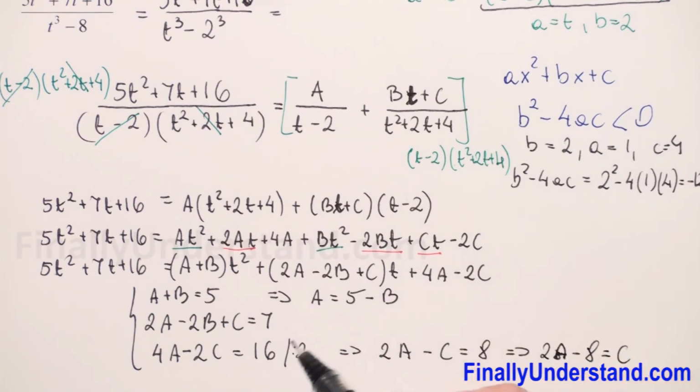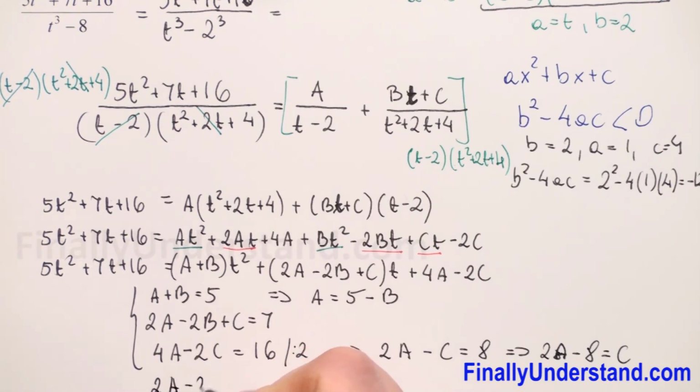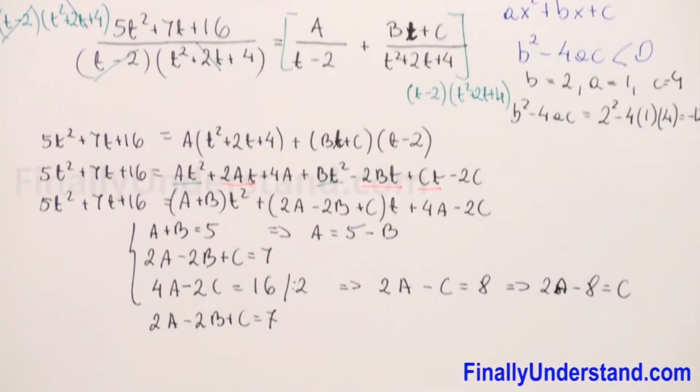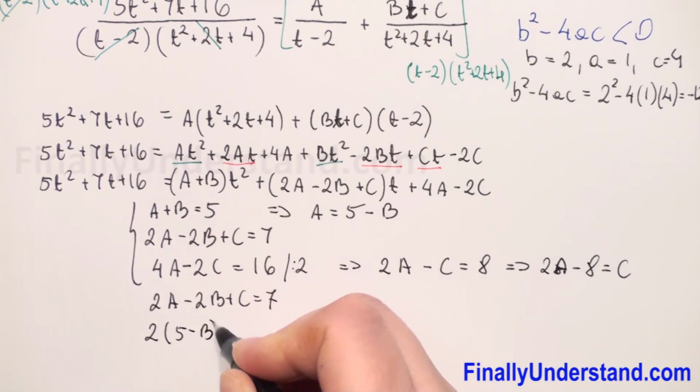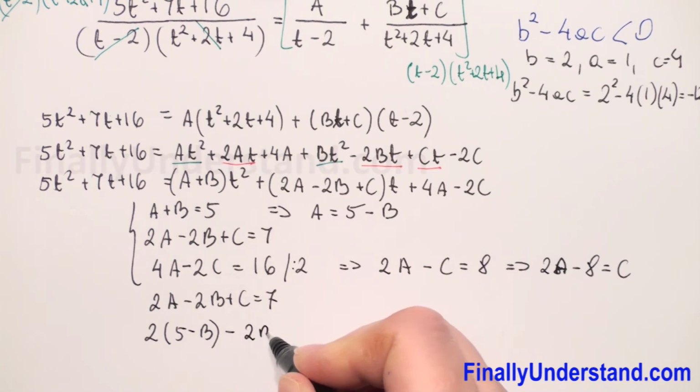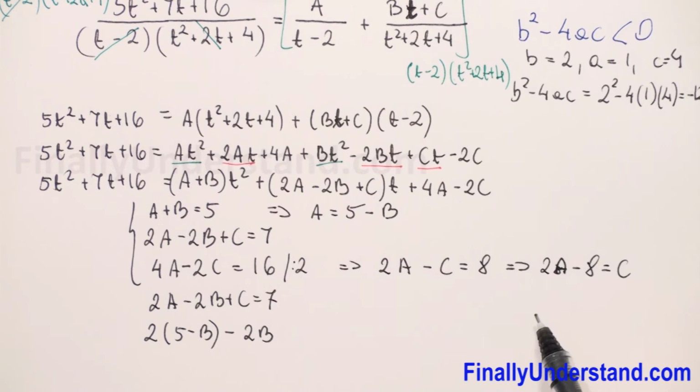So now I will substitute to the second equation a and c. Let me copy this, 2a minus 2b plus c is equal 7. Like I said, I will substitute a first. So it will be 2 times 5 minus b, minus 2b we copy, and c is equal 2a minus 8.